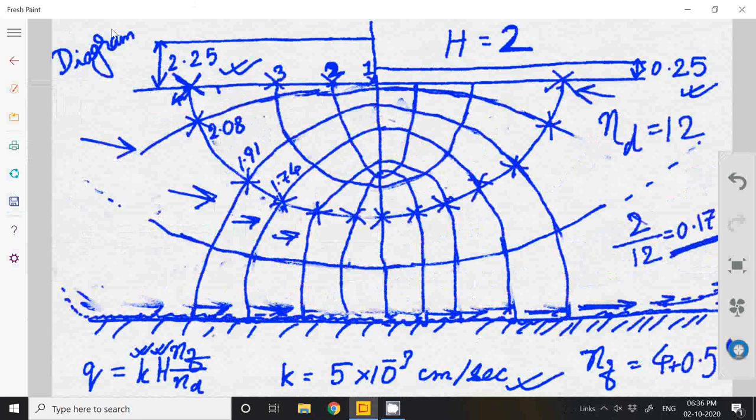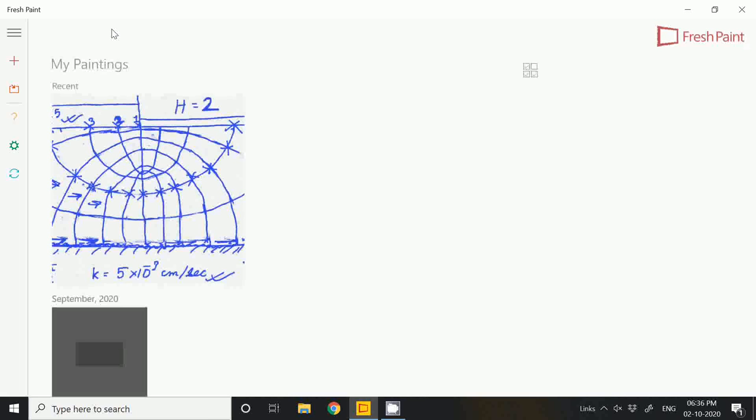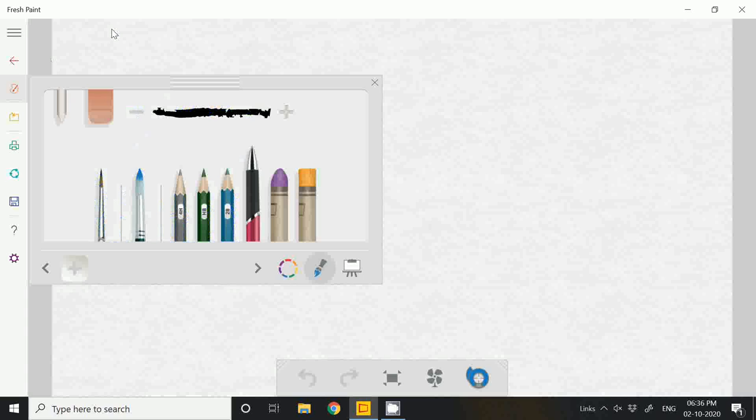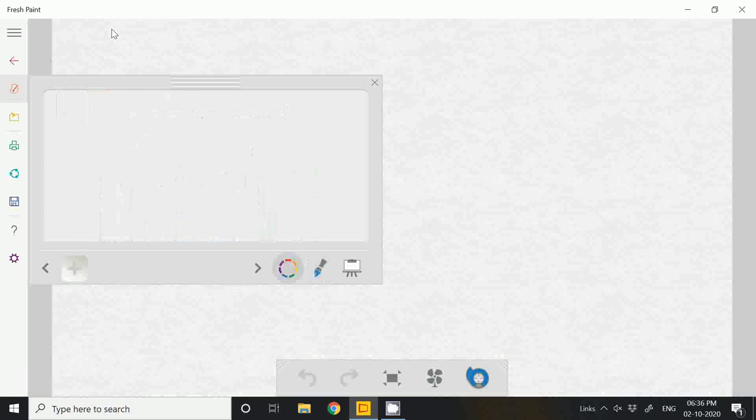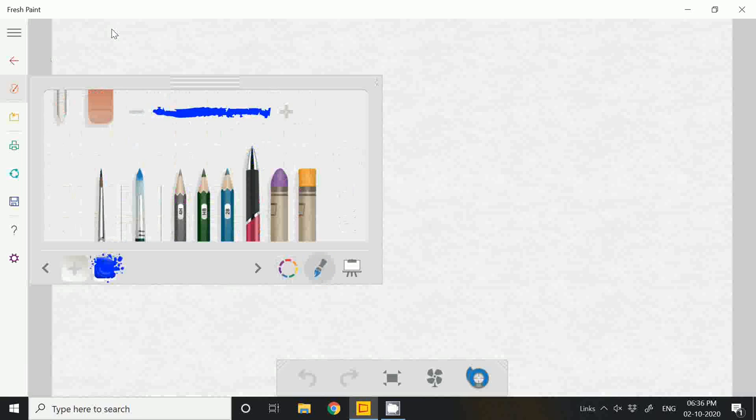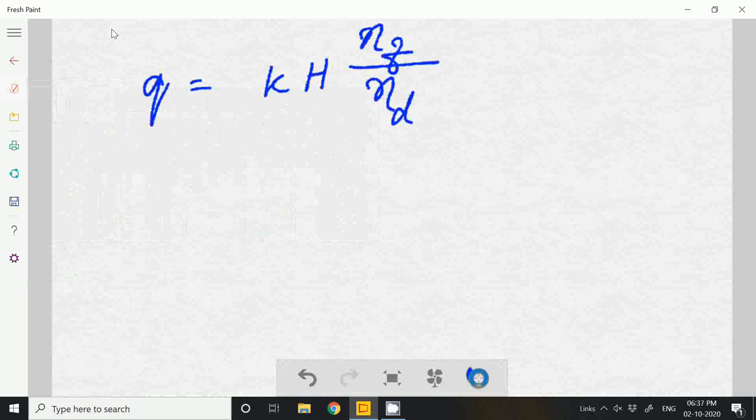So we just have to now put it in the final equation. So Q equal to K H NF by ND.